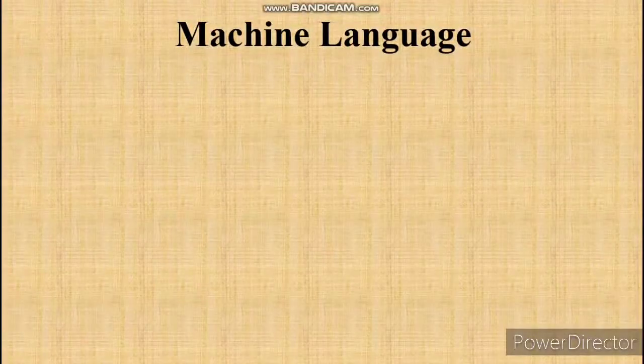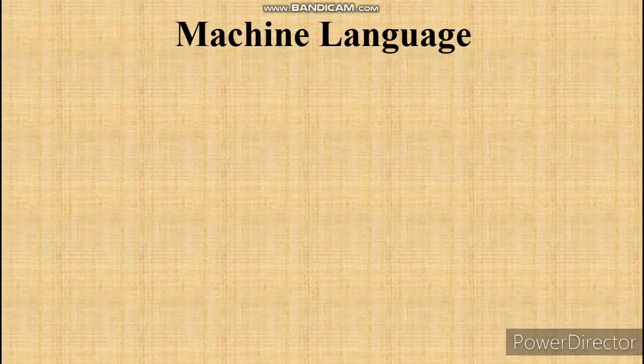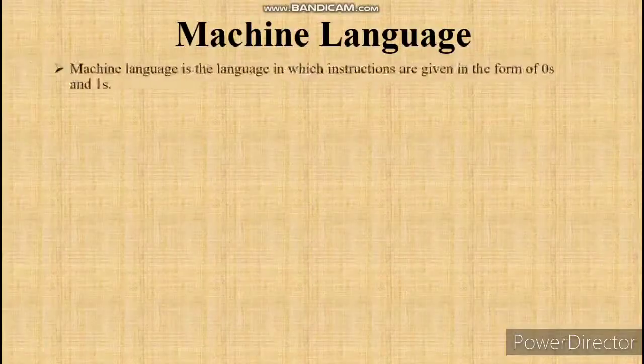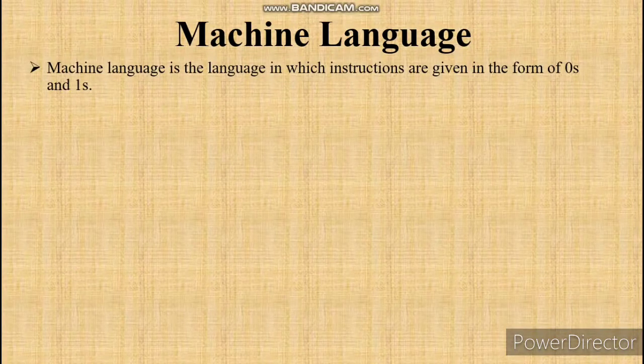You know that a computer can understand only special signals which are represented by ones and zeros. These two digits are called binary digits. The computer understands programs written in binary digits. So the language which uses binary digits is called machine language, right?